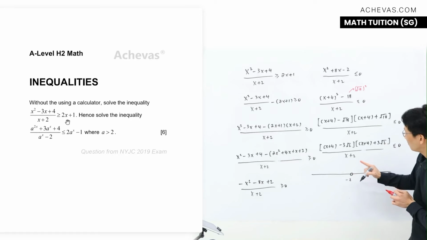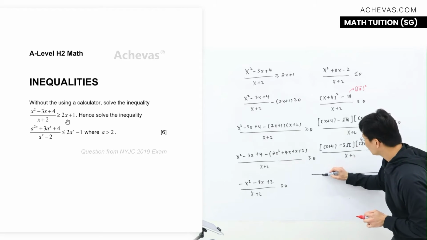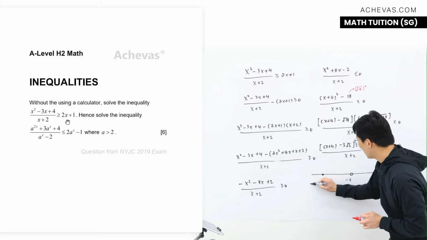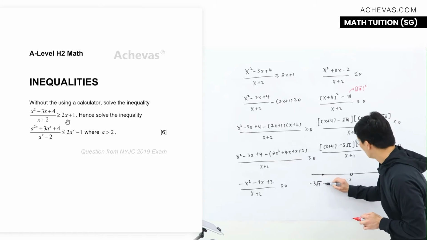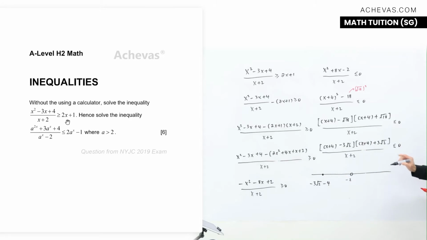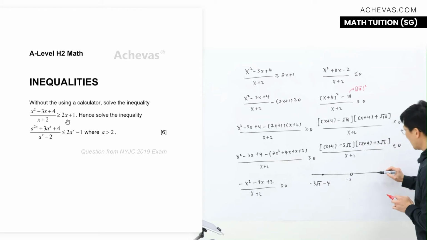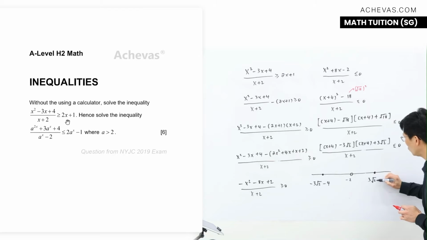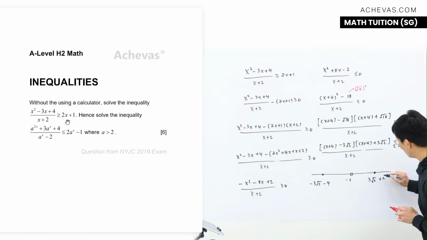The other root will be here, which is minus 3 root 2 minus 4, obtained from here. The other root will be here, which is 3 root 2 minus 4.